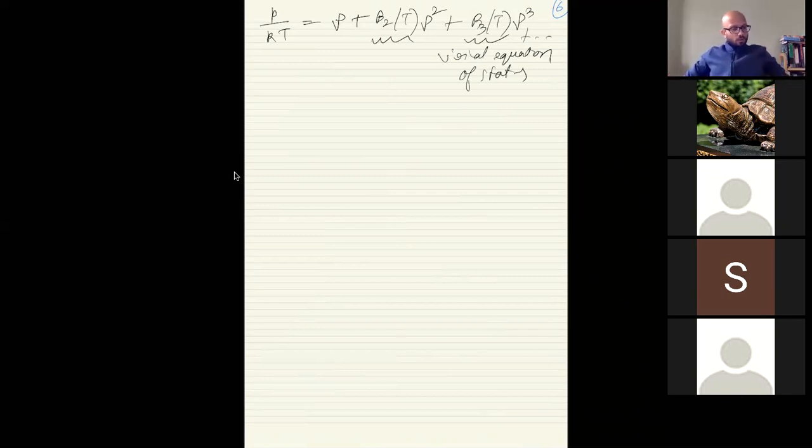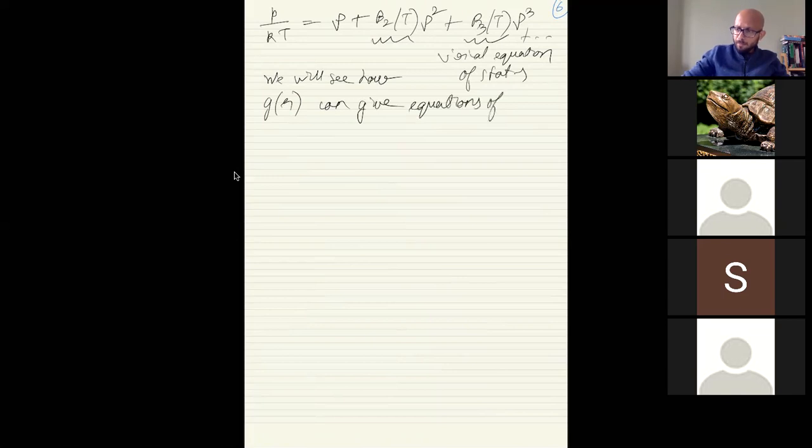Okay, so the first information: we will see how g of r can give equations of state. And equations of state are possibly one of the most important things in chemistry.